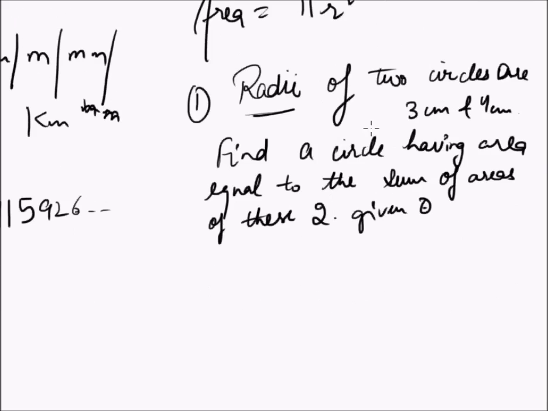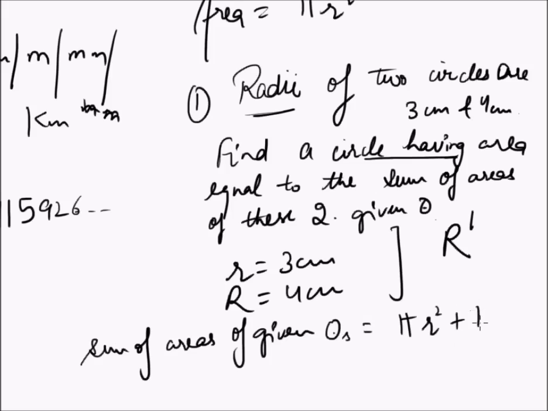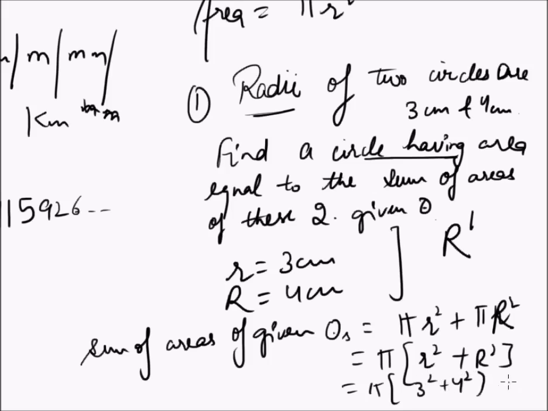So let small r denote the first radius and capital R denote the second radius given, and we have to find out the area of the circle. Let the bigger circle whose area is to be found out have its radius represented by r dash. So the sum of areas of given circles is pi r square plus pi R square, that is pi 3 square plus 4 square centimeter square.